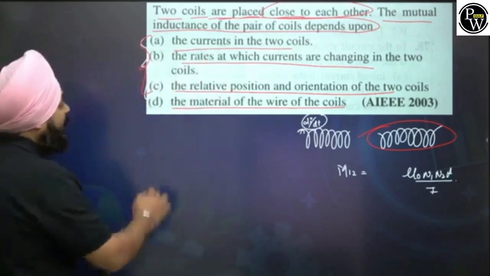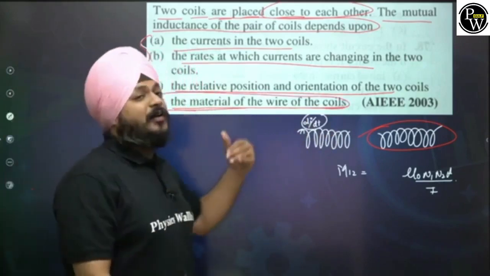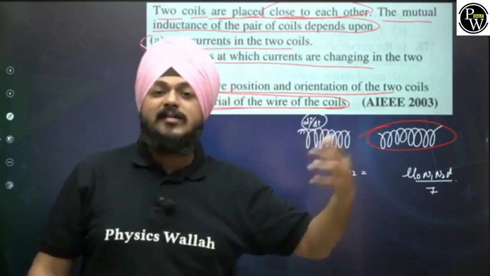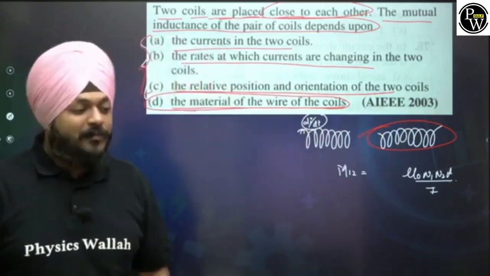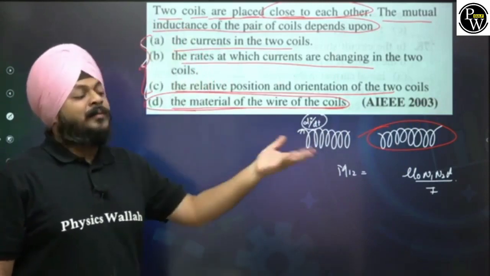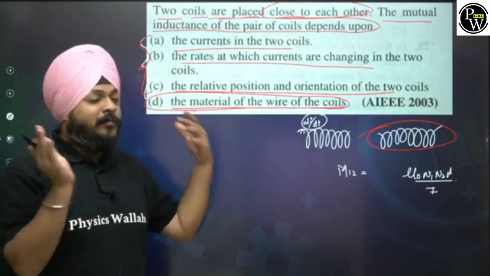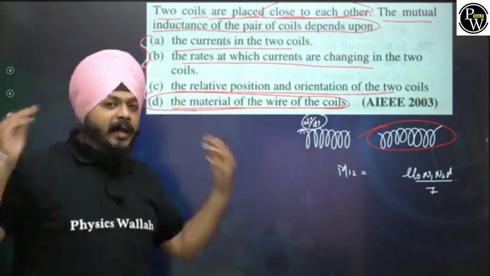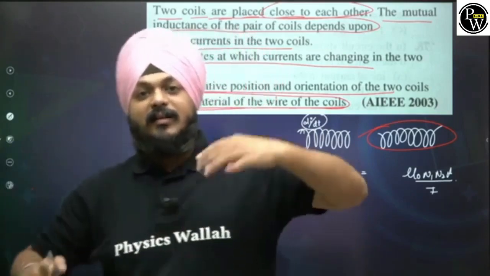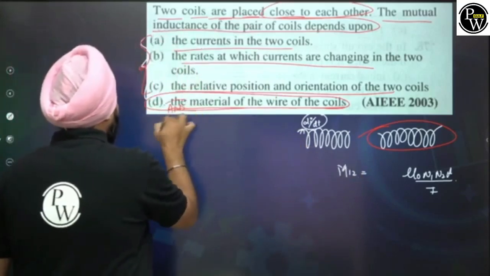It completely depends on the material of the wire. If the material has been made with a higher resistance value, then the EMF will still be induced, and most of the three things are satisfied. But suppose the nearby coil's material has a higher resistance value, then the effect is reduced. So D is going to be the perfect answer for this specific question.